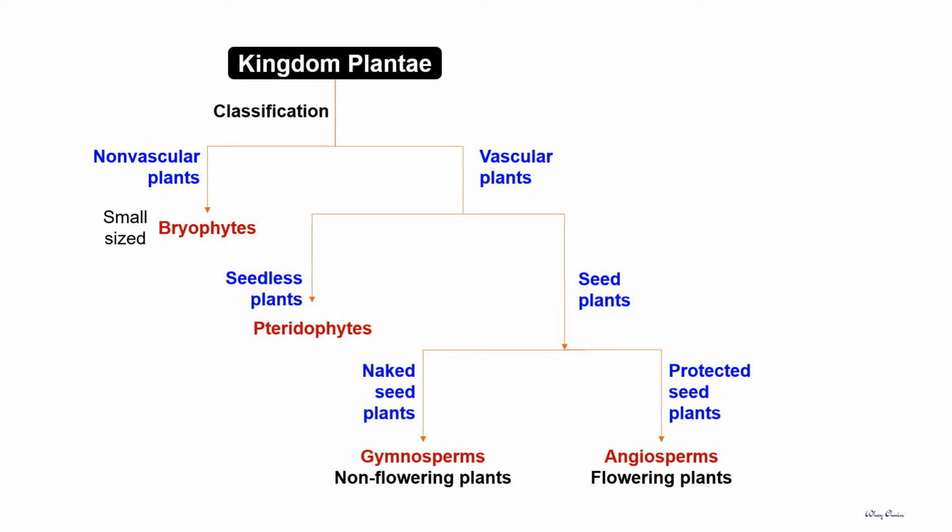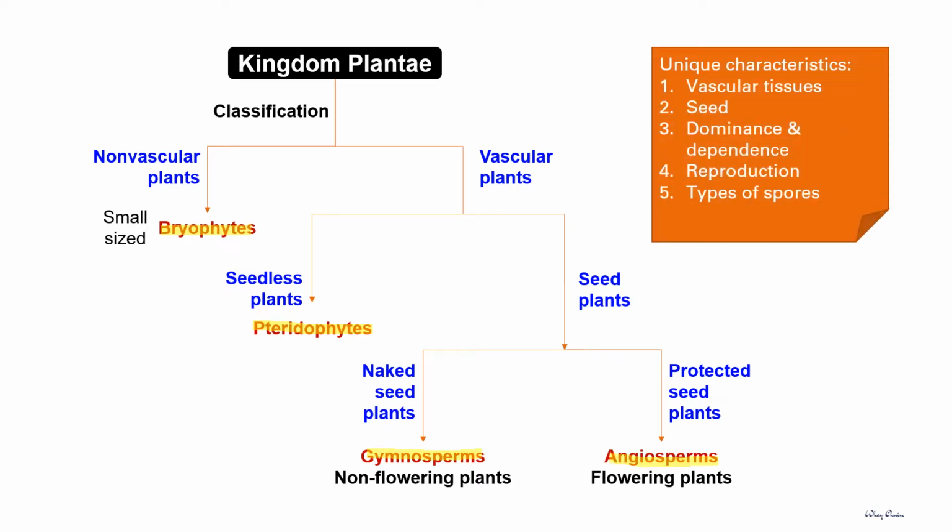The classification of Kingdom Plantae into four main groups of plants, which are Bryophytes, Pteridophytes, Gymnosperms, and Angiosperms, is based on five main unique characteristics, which are the presence of vascular tissues, the presence of seed, the dominance and dependence of the gametophyte and sporophyte generation, the types of reproduction, and the types of spore formed in the sporangium.